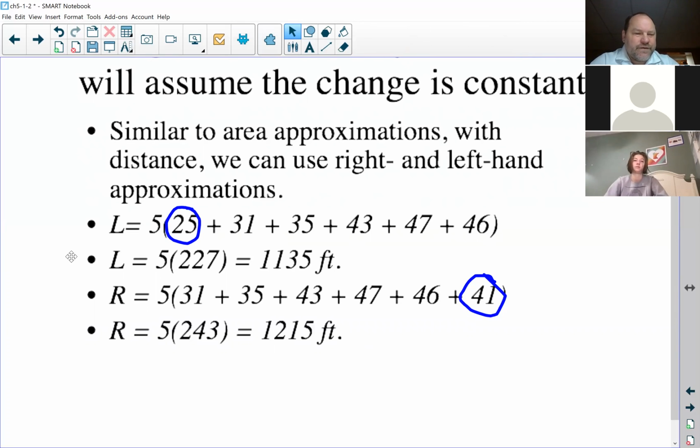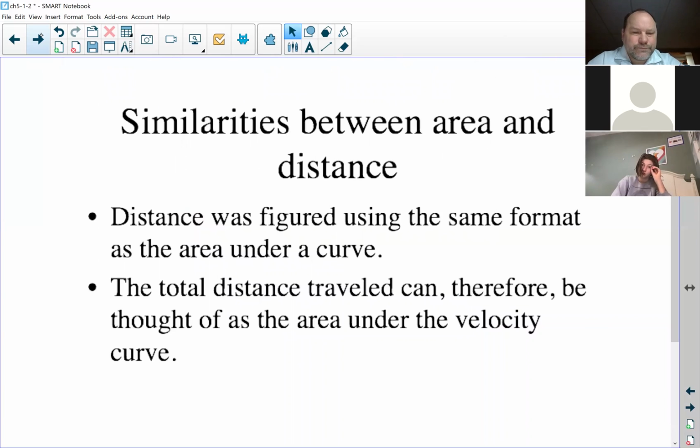So again, our left-hand approximation, we traveled about 1,135 feet. Our right-hand approximation, about 1,215 feet in that 30-second time period.